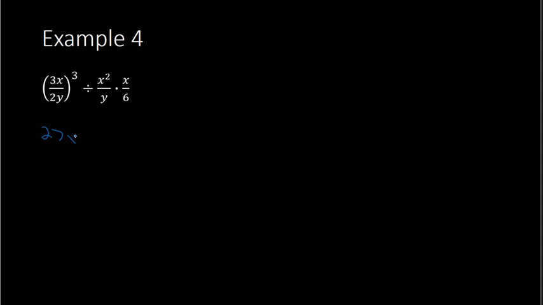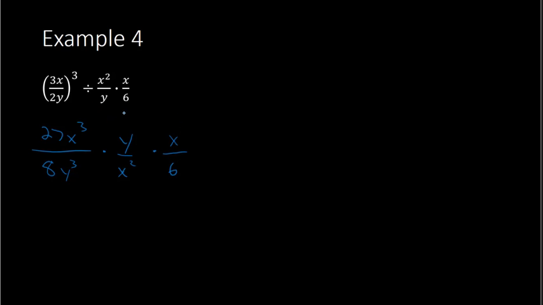Then you have x to the third power divided by 2 to the third power, which is 2 times 2 times 2, which is 8, and then y to the third power as well. And then here we have divided by x squared over y, which I can think of as multiplying by the reciprocal, which is multiplying by y over x squared, and then times that by x over 6.